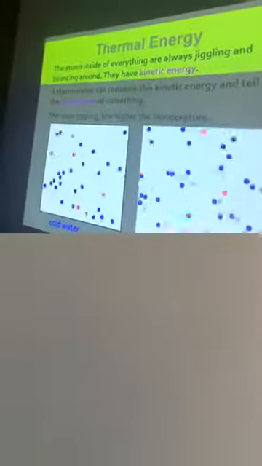Pretty much. Okay, so a thermometer can measure the kinetic energy and tell us the temperature of something. The more jiggling, the higher the temperature. So we take a look over here. We have the cold water. The particles are moving, but not as fast as the hot water.